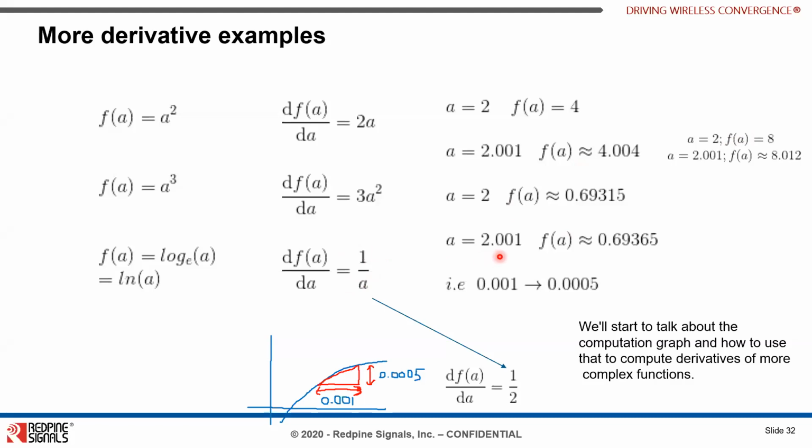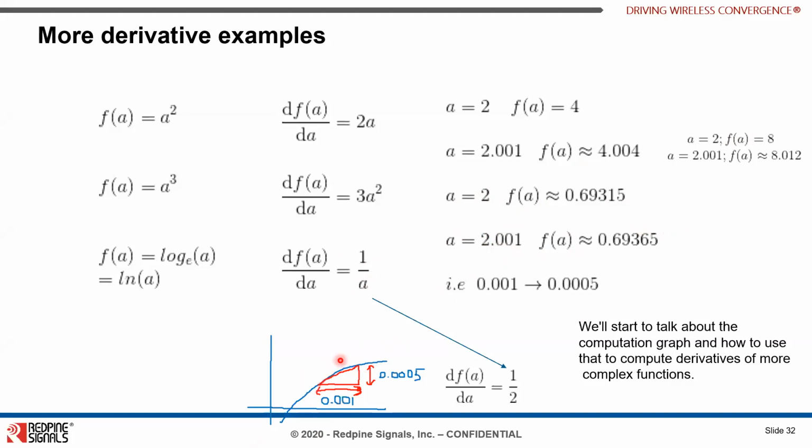So here, if you plot this, at A equal to 2, log of A, you are getting this particular function. You are getting fA as 0.69315 at A equal to 2 based on this curve. Now, when you increase 2 to 2.001, you will see that fA is increasing a little bit on this curve.